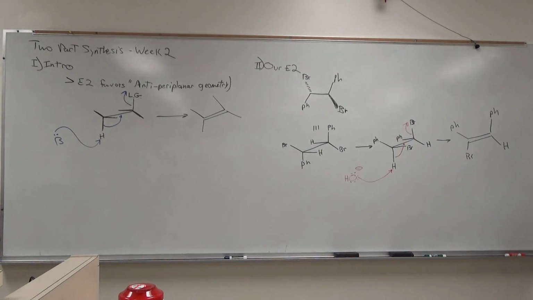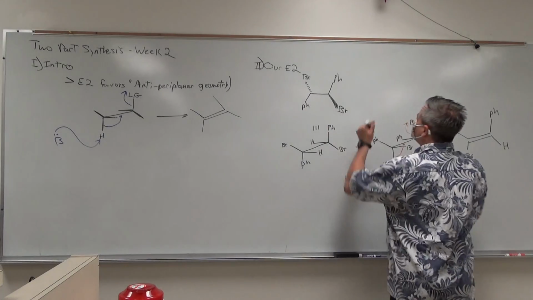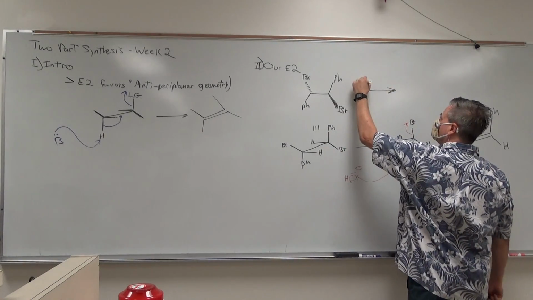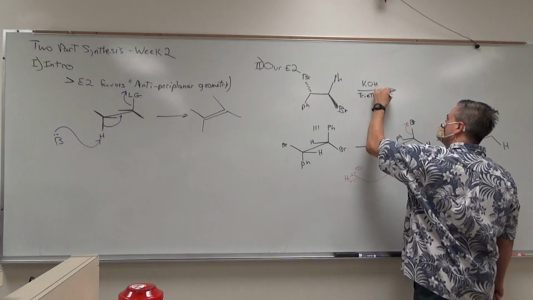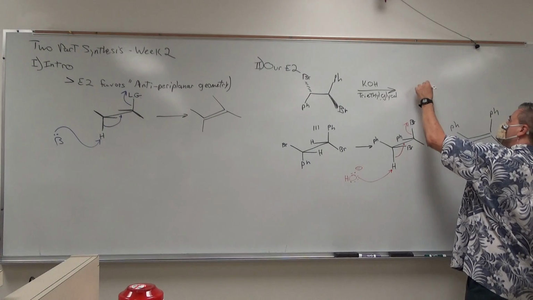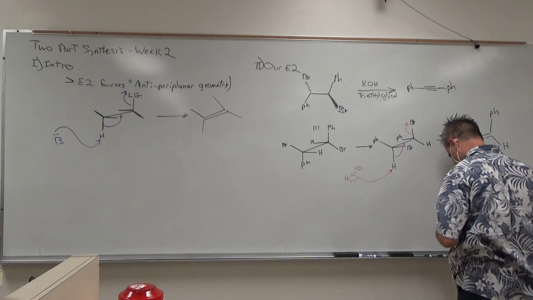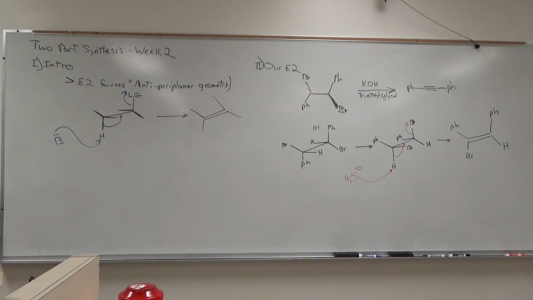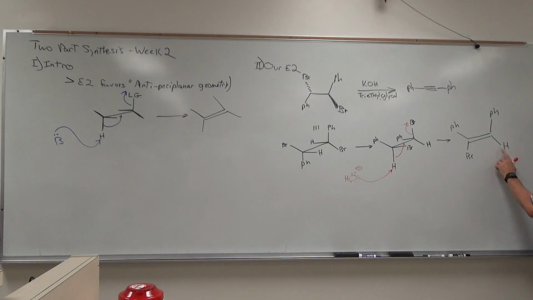Anywho, it's entertaining though. We got to do another E2 elimination so we can get to our final product here. Actually, I should have given you the whole thing. So potassium OH, tri... They are the proton and this leaving group.